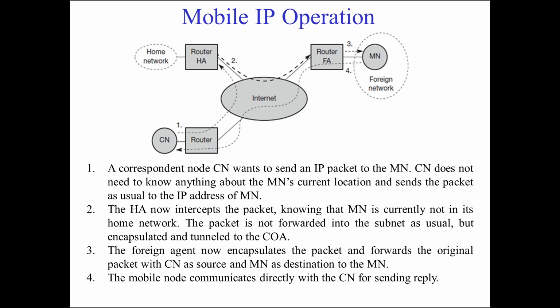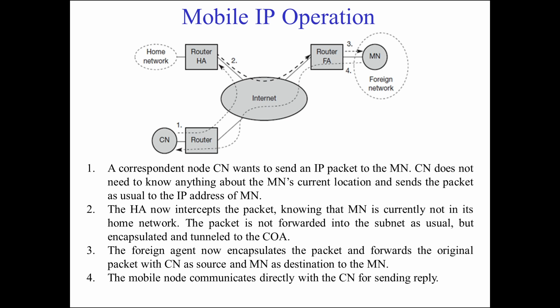And in step 3, what is happening? The packets are received by the foreign agent. The foreign agent knows about the availability of the mobile node in its own network, so it will send all the packets to the mobile node. Now the mobile node will remove the bigger packet, take the smaller packet inside and use it, and the reply will be sent directly from the mobile node to the correspondent node.